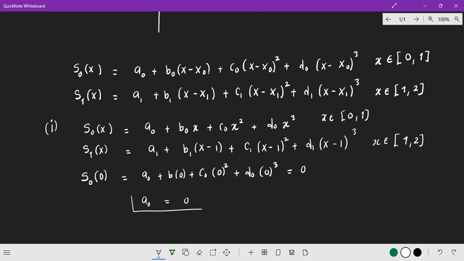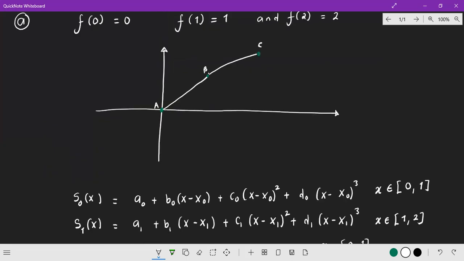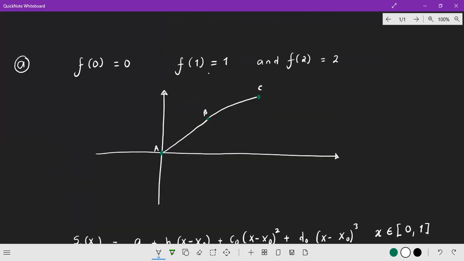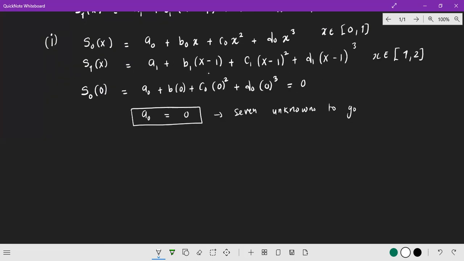So we found one unknown so far, meaning that we have 7 unknowns to go. Okay, so next, the same spline, I'll evaluate this now at point B. So I'll say S naught of 1, because at point B, X is equal to 1.